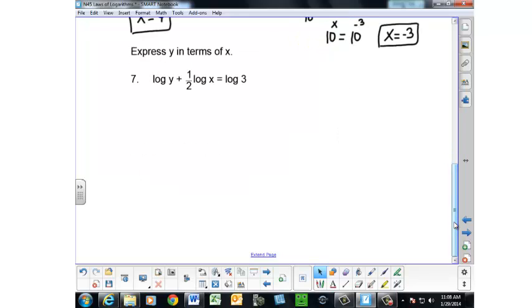Okay, on the last one, number 7, we have an equation where we're trying to solve in terms of x, so get y by itself, just like you always have. So we're going to start off by subtracting 1/2 log x on both sides.